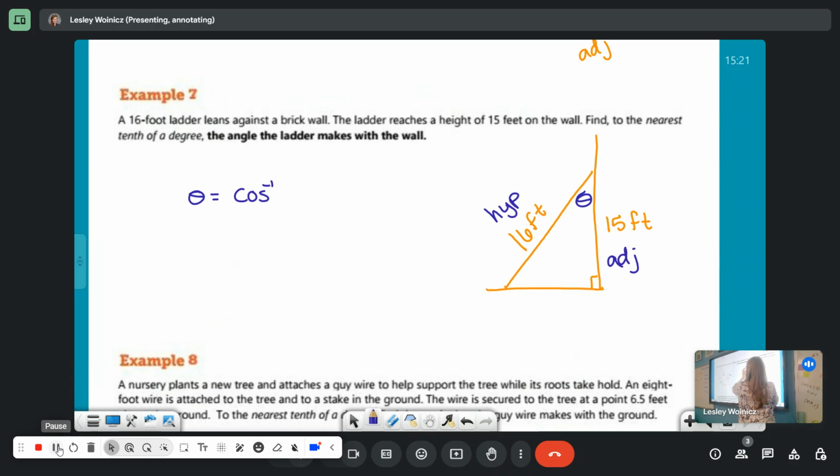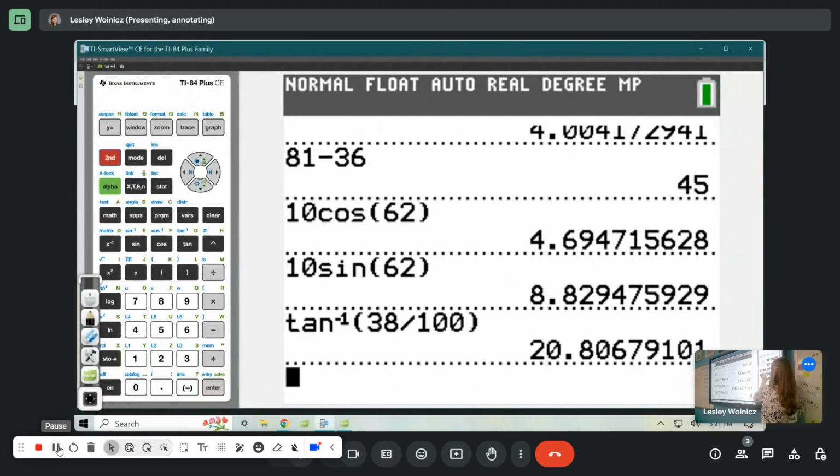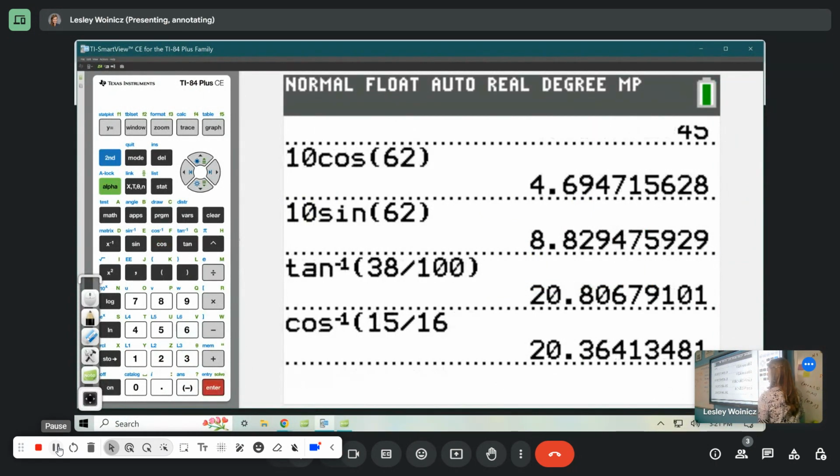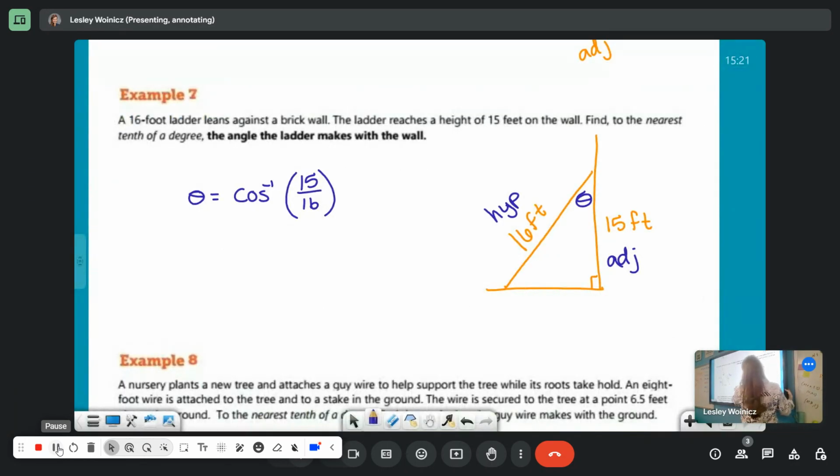Make sure you put them in the right order. It's still adjacent over hypotenuse, 15 over 16. What does it say to round to? 20.4? Yeah.